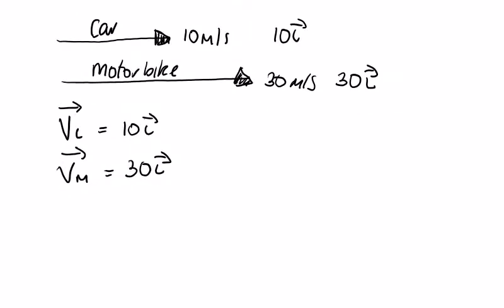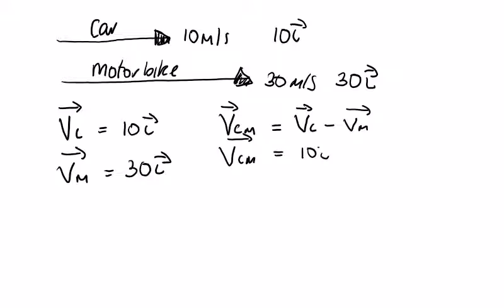Now we can translate this into the velocity of the car relative to the motorbike. The velocity of one object relative to the other is the velocity of the first one minus the velocity of the second one. So the velocity of the car relative to the motorbike is equal to 10I minus 30I, which is equal to minus 20I.